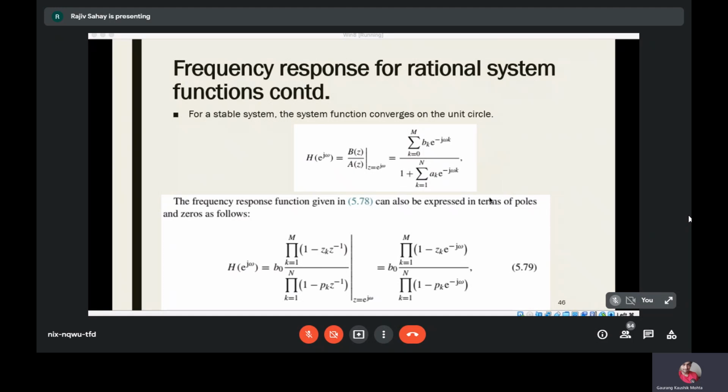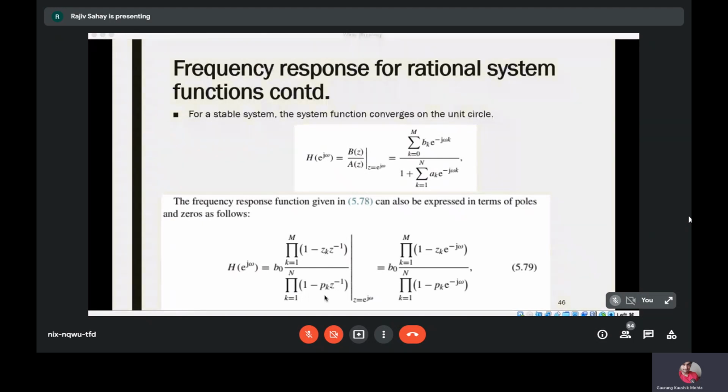So you can now split this in terms of factors. You can write it like this, and there can be a constant term b naught which comes out, and then you get a product of the zeros and a product of the poles.